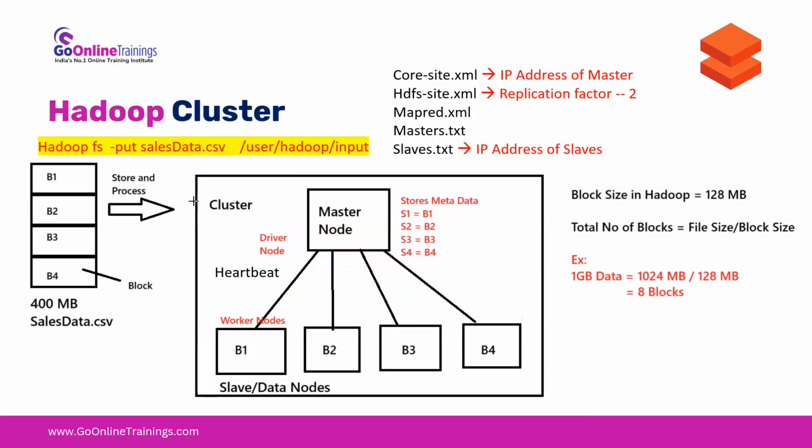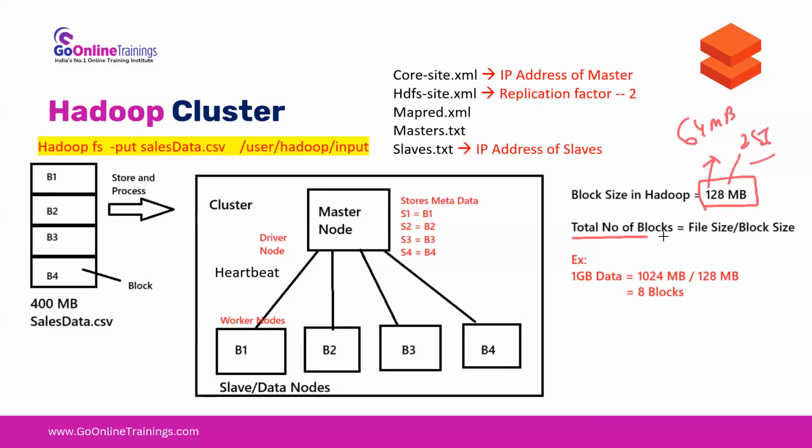Now, the second thing I have told you: Hadoop is going to take your data and create blocks. So what are blocks? By default, the block size in Hadoop is 128 MB, but this can be modified. You can make it 64 MB, you can decrease it, or you can increase it to 256 MB. This size you will be able to modify, depending upon the data.